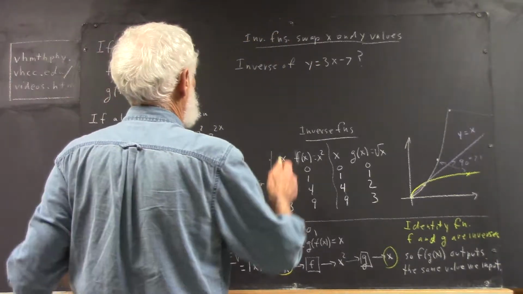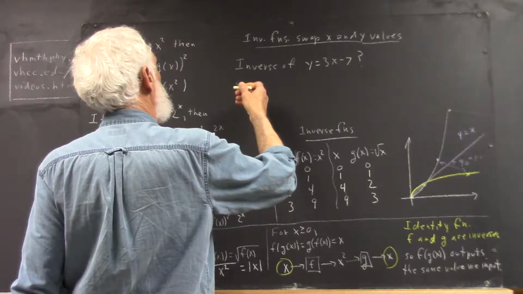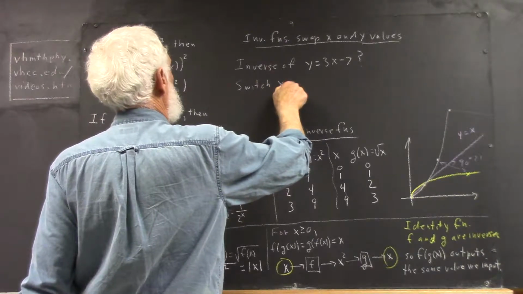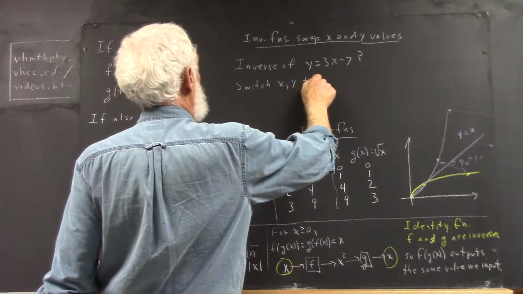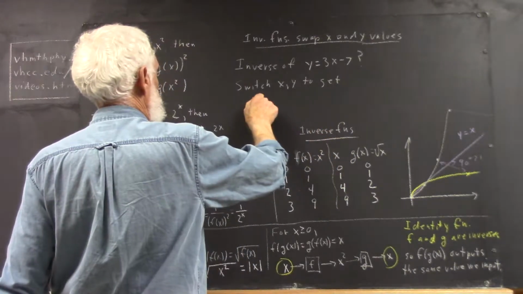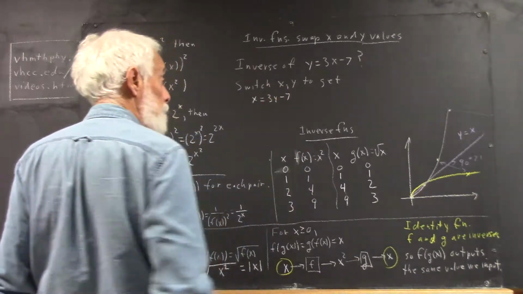Well, we simply switch x and y to get x equals 3y minus 7.